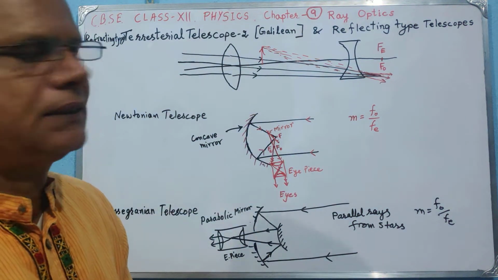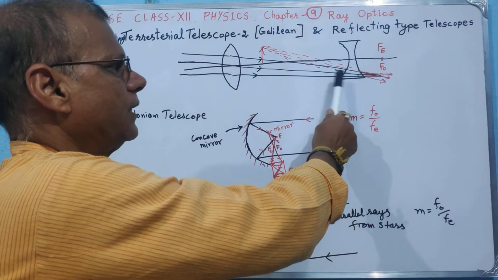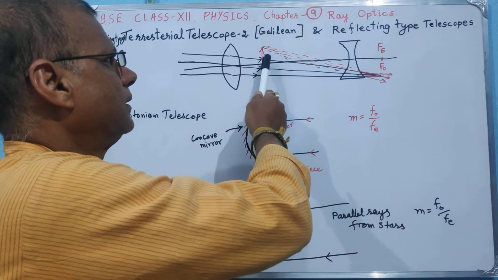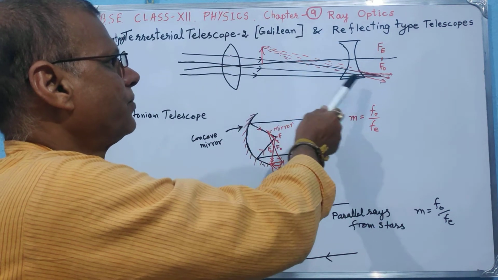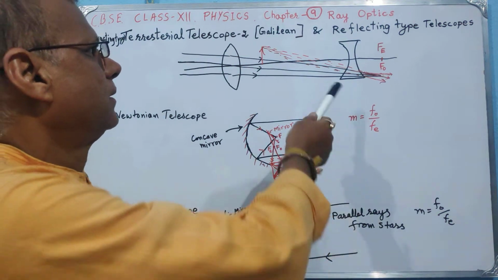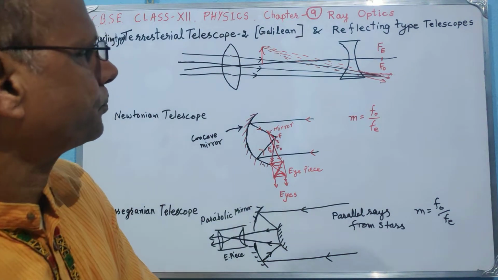Once this is done, the position of the concave lens is shifted such that the virtual image, which is erect with respect to the object, is formed mostly in between the two lenses.